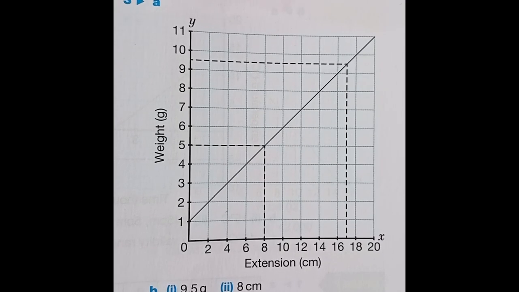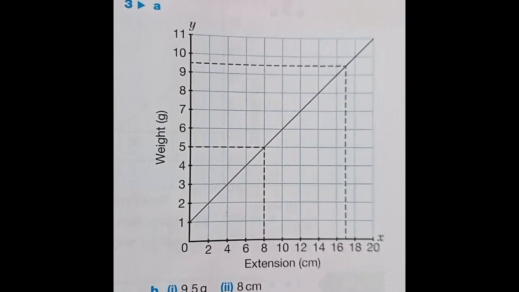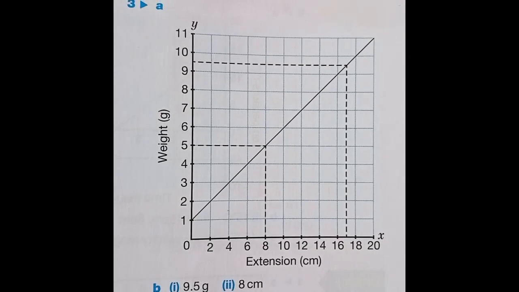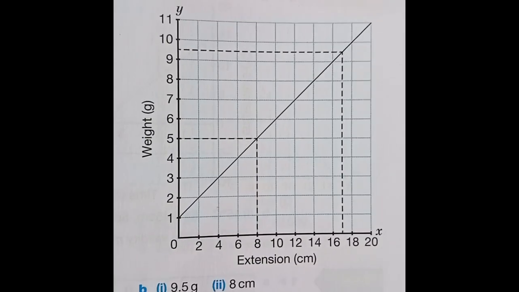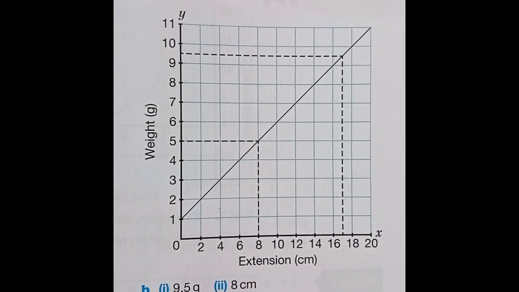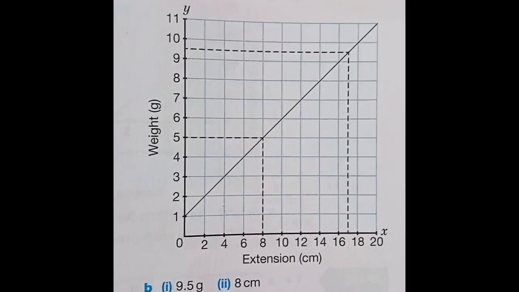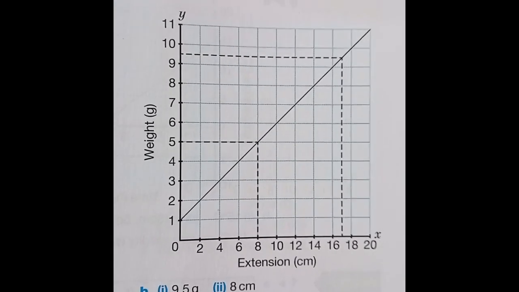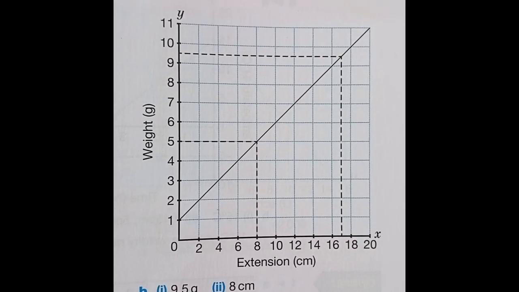Now what you need to find here is, when the extension is 16.5 centimeters, what is the weight at that time. You can see the line between 16 and 18 on the x-axis, and the corresponding value on the y-axis is 9.8.